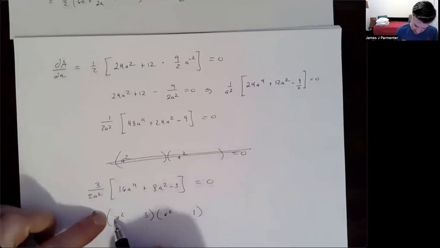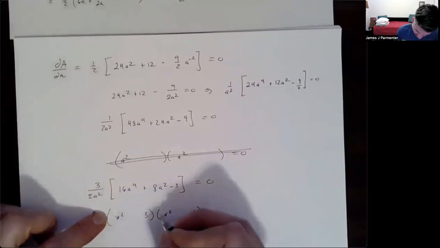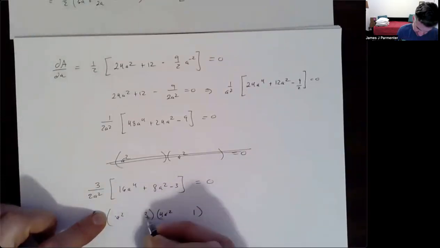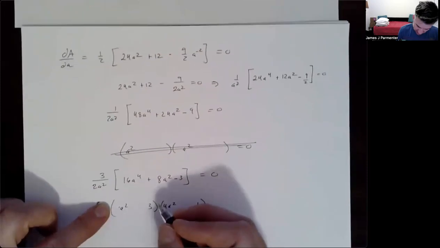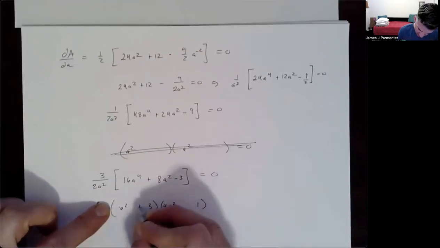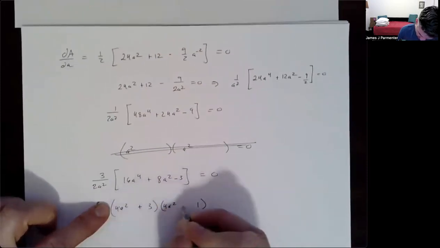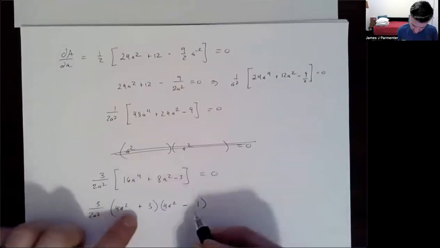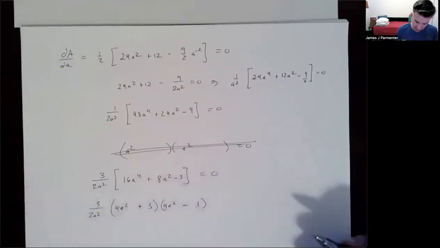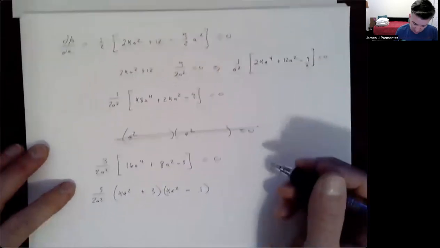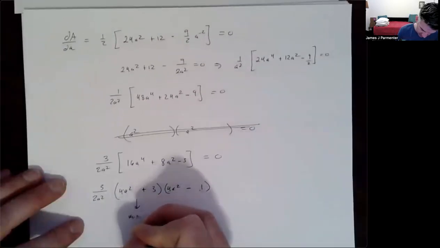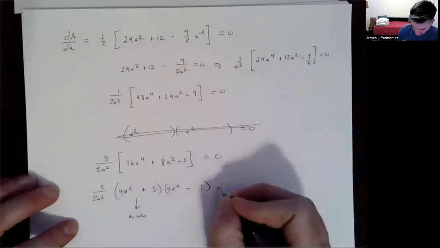You want a -4 and a positive 12. So I want a 4a squared here to give me 4 times 3 is positive 12a squared, and a 4 here and a -1 here to give me a -4a squared. That adds up to positive 8a squared. This part has no solution because you need the a squared to be negative.